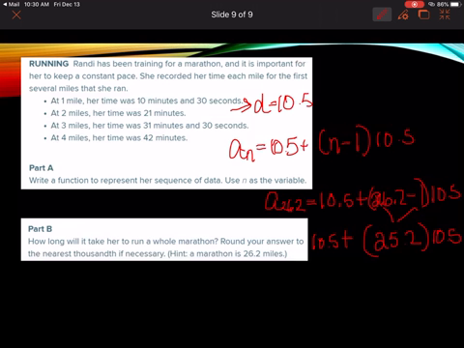I'm going to do 25.2 times 10.5, so that's 264.6. And then I bring the 10.5 down here. Then I'm going to add it. So it is 275.1 minutes equals a of 26.2.